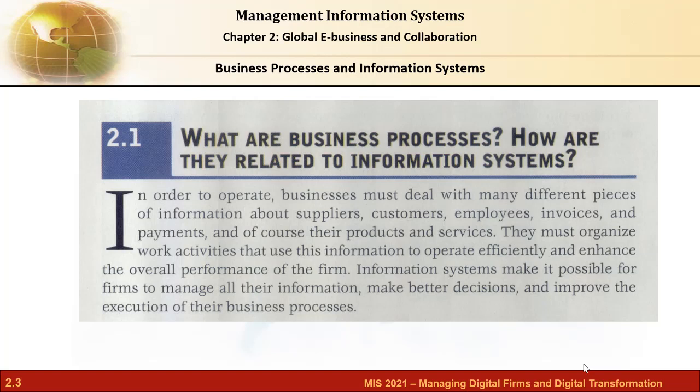Business must organize work activities that use information to operate efficiently and enhance the overall performance of the firm, to save costs, and to produce products and provide services faster, more effectively, and with higher quality. And information systems nowadays make it possible for firms to manage all their information, make better decisions, and improve the execution of their business processes.